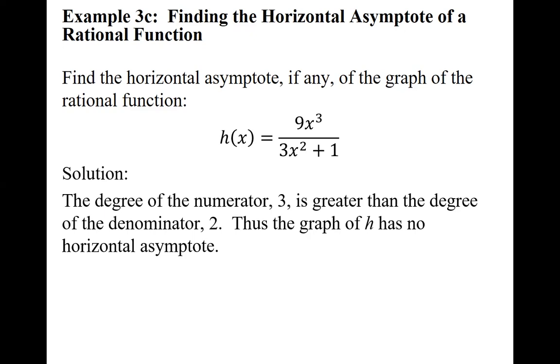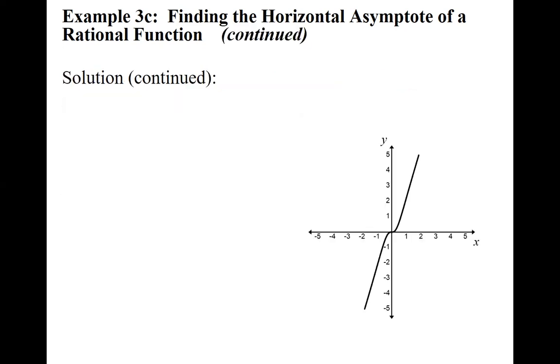The coefficient is positive. The degree is odd, so just like x cubed, it rises to the right and it falls to the left, just like when we did end behavior of polynomials. So when we have no horizontal asymptote, we follow end behavior.